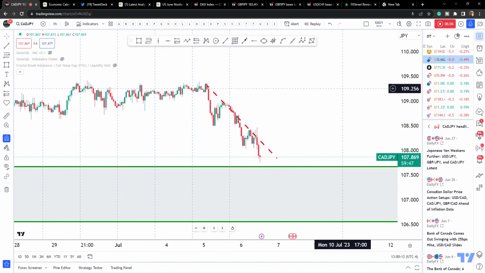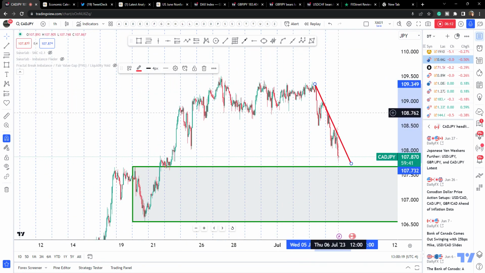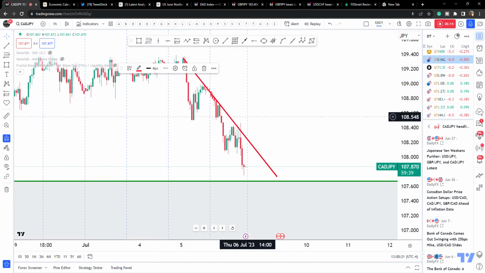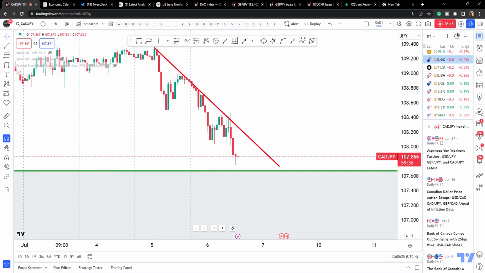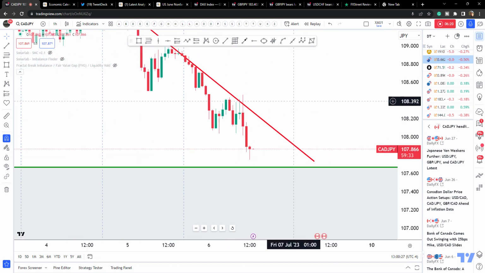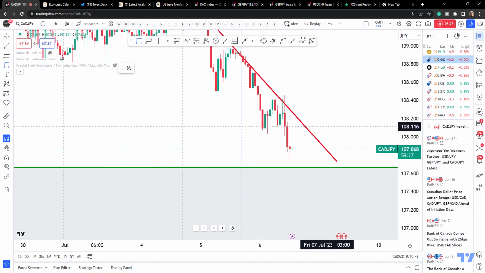So on a lower time frame, we'll be looking for this trend line resistance to break. But at the moment, this is just a one-way street. We have got, okay, so this candle here has shown signs of deceleration, but it could easily be filled in on the lower time frames.